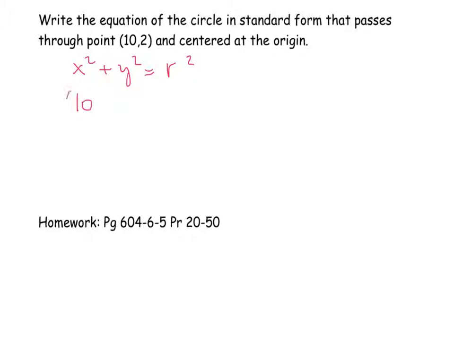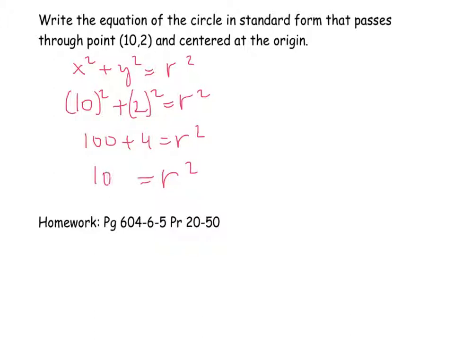So 10 to the second power plus 2 to the second power equals the radius squared. 100 plus 4 is equal to the radius squared. And finally, the radius squared equals 104. So the equation of the circle centered at the origin is x squared plus y squared equals 104.